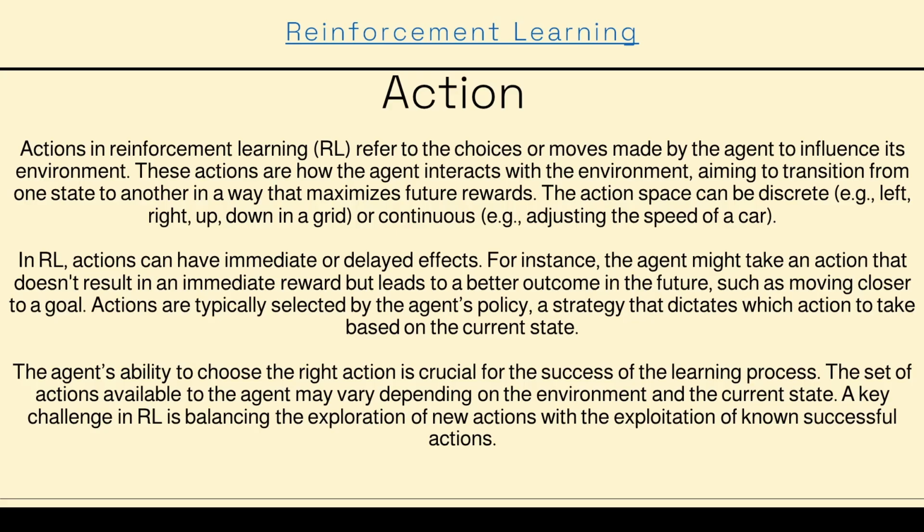In future we will study that sometimes agents become so sharp that they start to exploit, taking only those actions which give them reward. So that is exploitation and exploration.